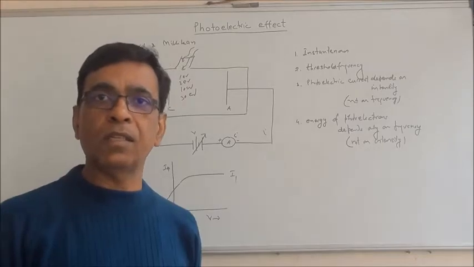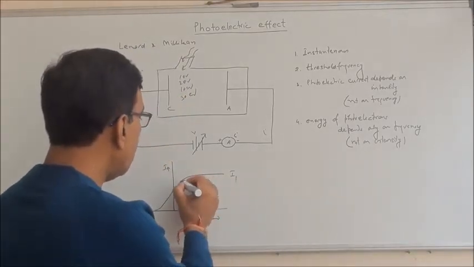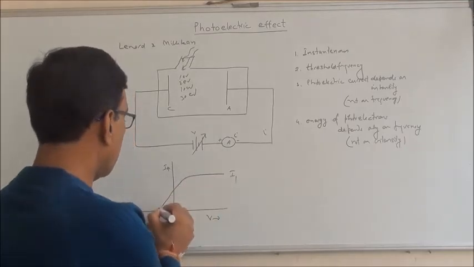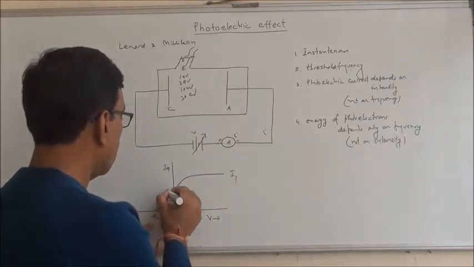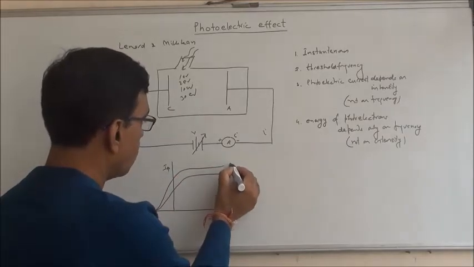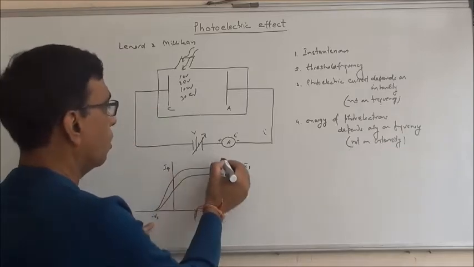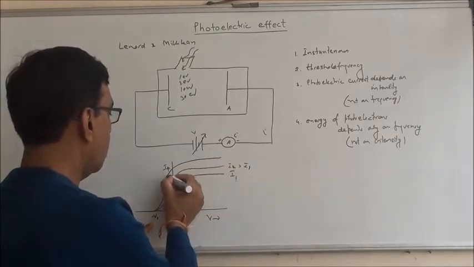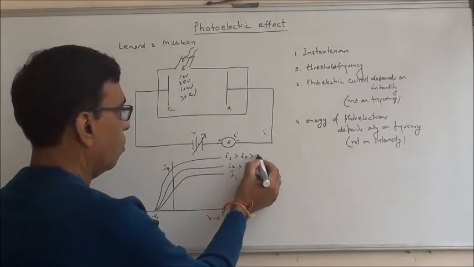Now I increase the intensity of the incident radiation. Intensity varies the saturation current. The stopping potential will not change. So I2, which is greater than I1, and so on. If I take another one, it may be like this. It is I3 more than I2 more than I1.